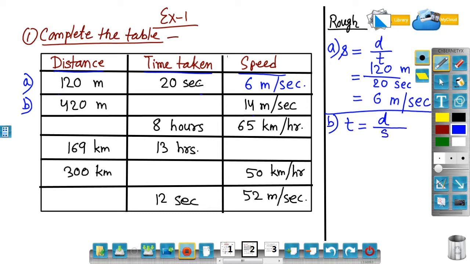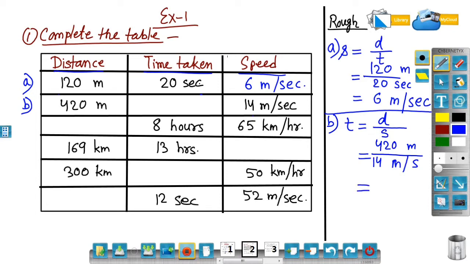There the value of distance is 420 meter and the speed is 14 meter per second. Clear?